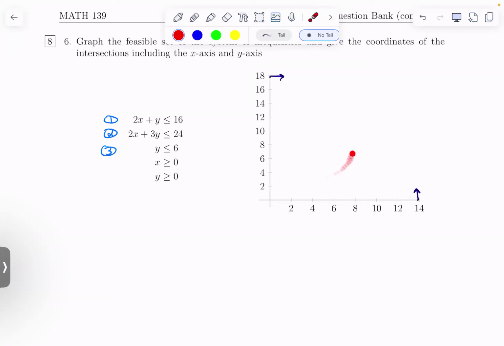Which is why I only gave you this quadrant anyways. So these are done. This is your x-axis, and this is your y-axis.